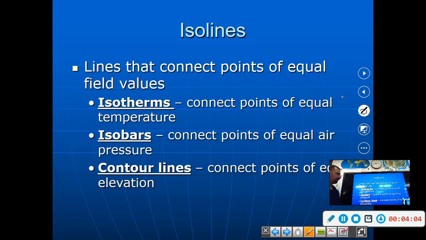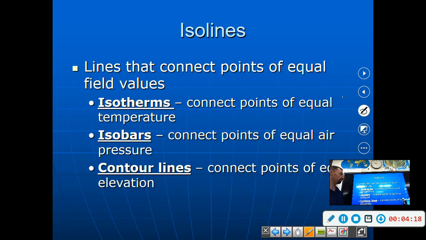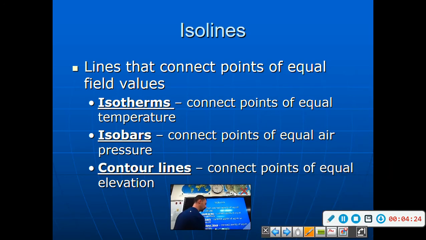Okay, so isolines are any points of equal field value. So an example here, these were isolines for sound level. You could have temperature, you could have pressure, you could have any sort of measurable quantity in that same way. In the case of isotherms, which we use in weather, that's a line of equal temperature. You guys have seen that on the Weather Channel.